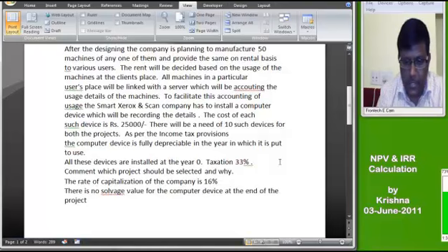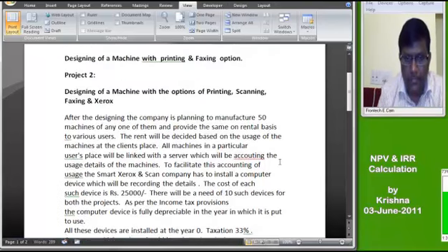The taxation is 33%. All devices are installed at year 0. The rate of capitalization of the company is 16%. There is no salvage value for the computer device at the end of the project.